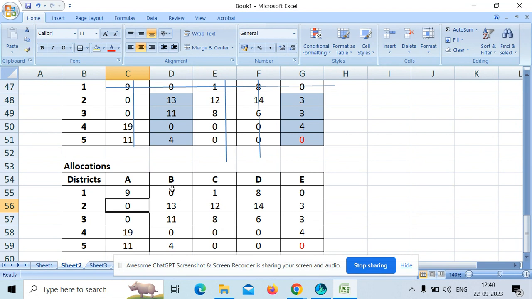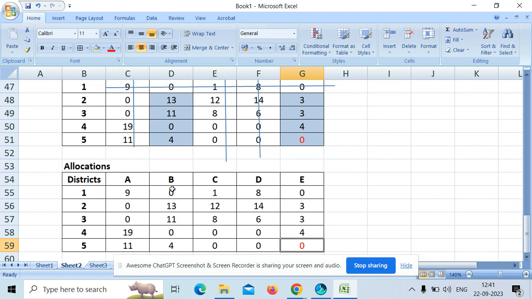Allocations. Okay. पहला होगा सेल्समैन बी, डिस्ट्रिक्ट वन, वो जीरो। And then salesman A, district two will be there.